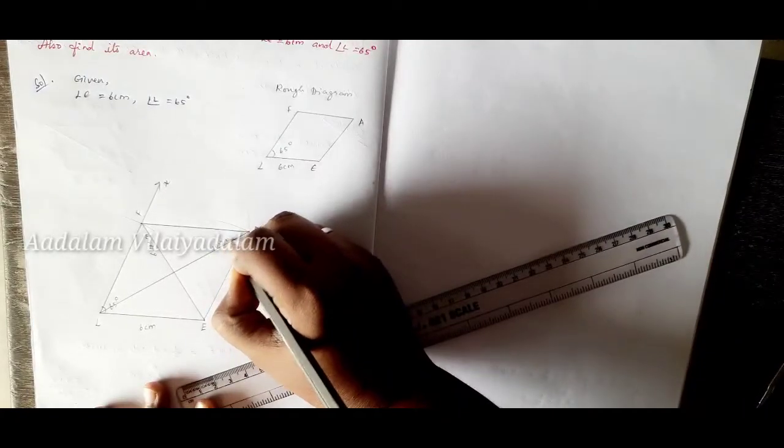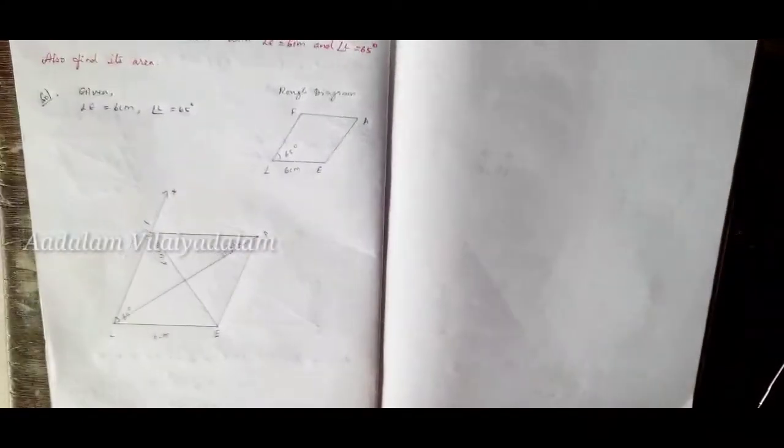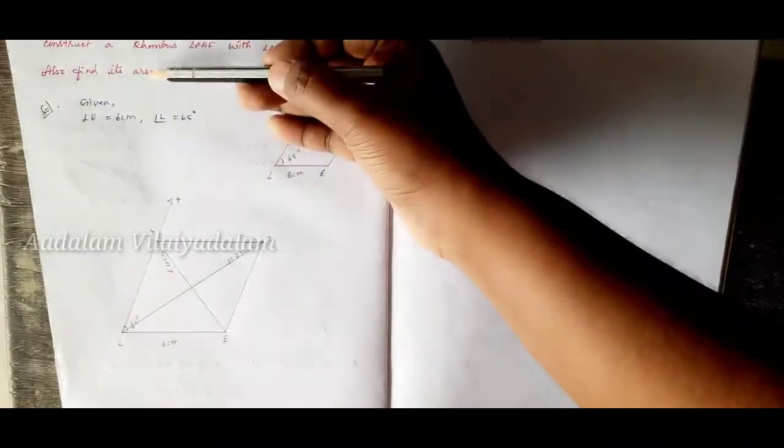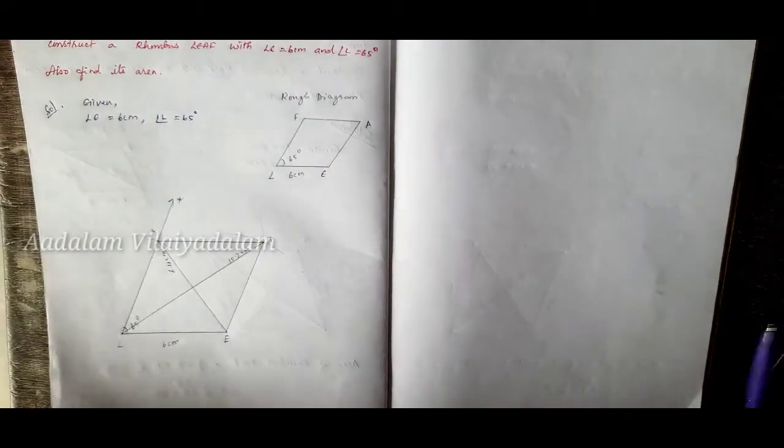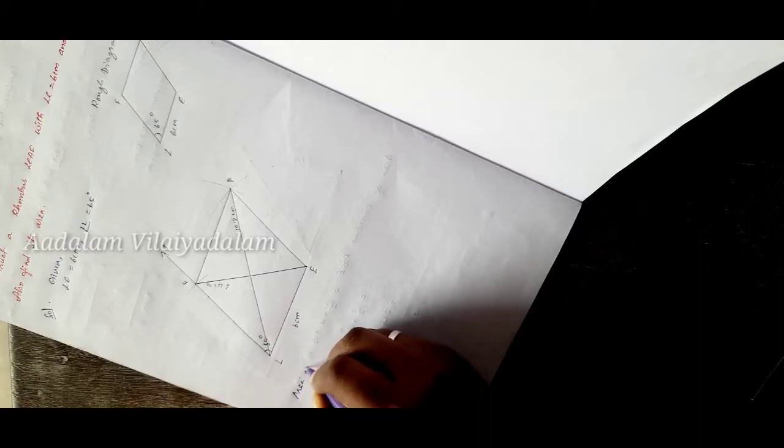We are getting 10.2 centimeter. So now let's go to find the area. Now write the area of rhombus LEAF.